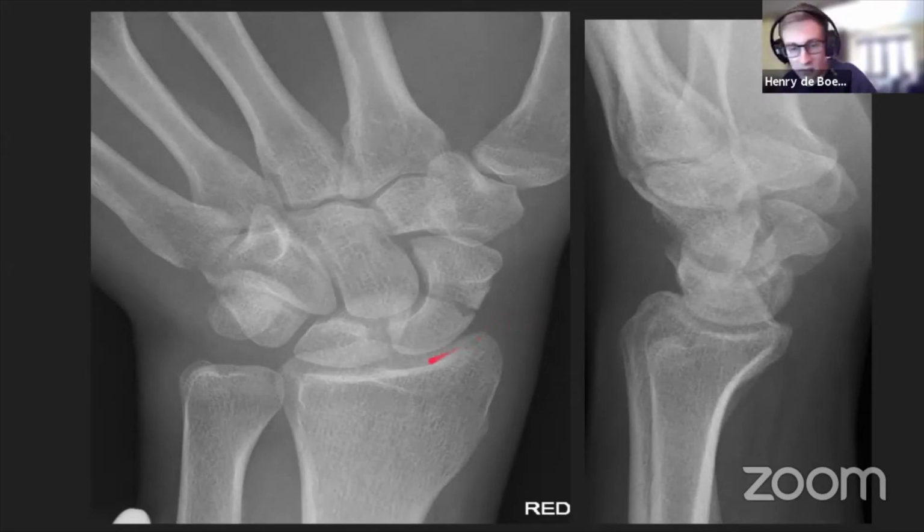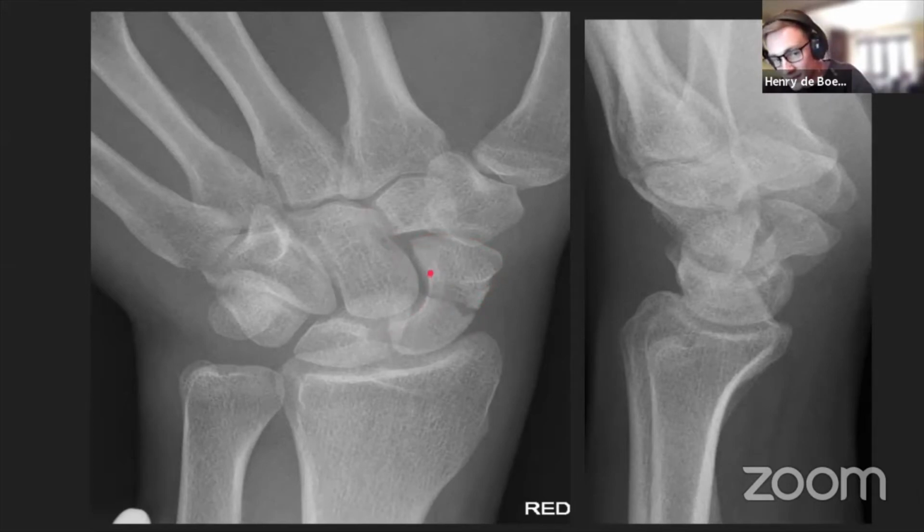Okay, so let's look at this film together. So again, as always, I think it's important to have your sort of system of looking at films, proximal to distal. Carpal joint spaces look okay, and then tracing the cortices of the carpal bones, and there's a lucent line through the scaphoid with a step and a break in the cortex.